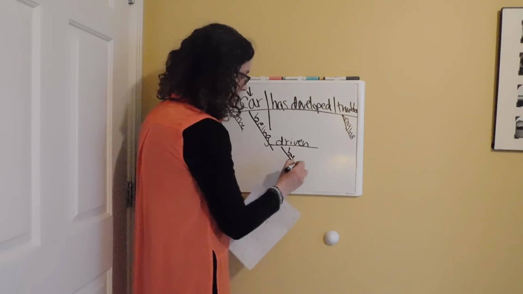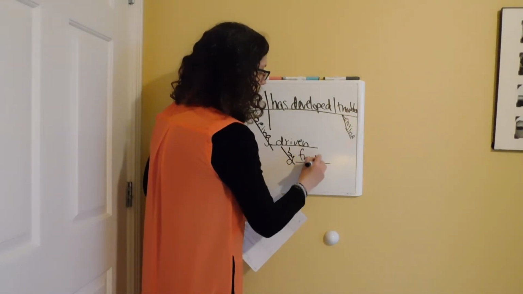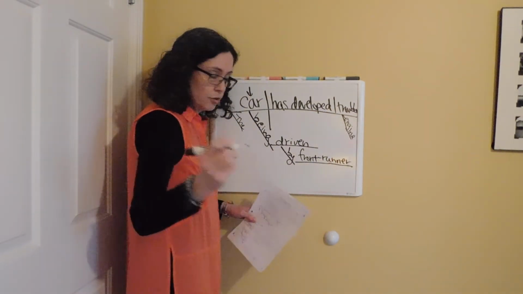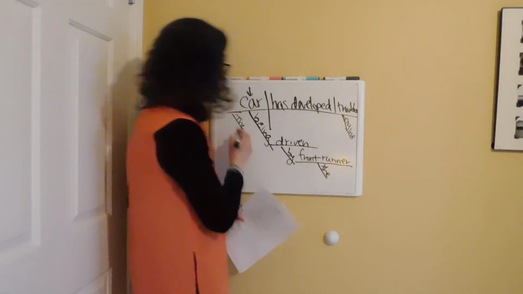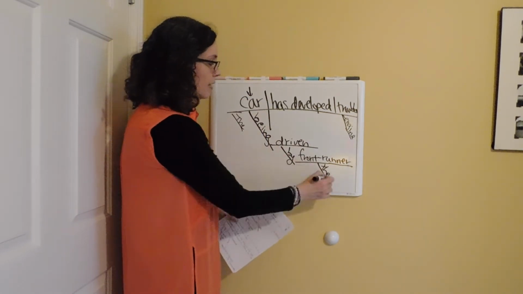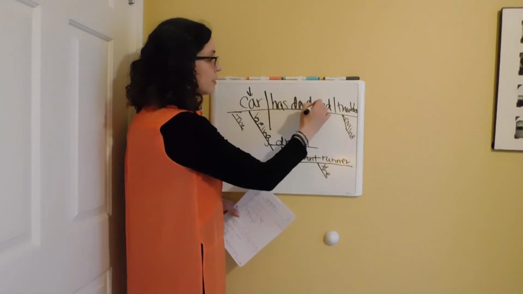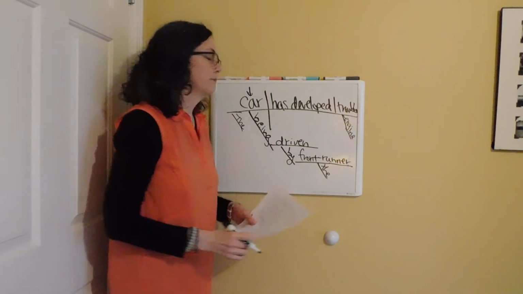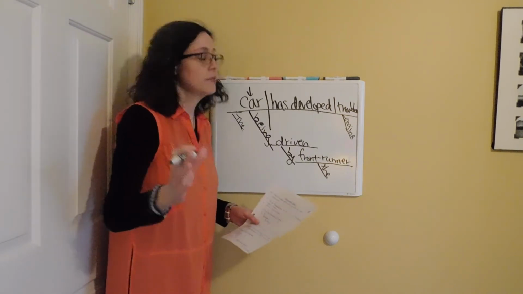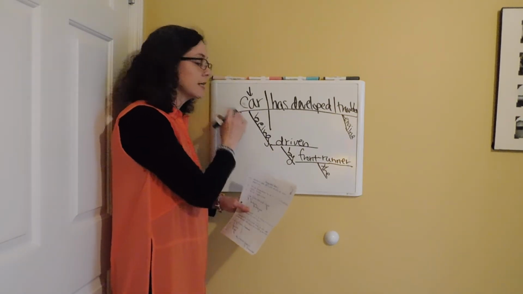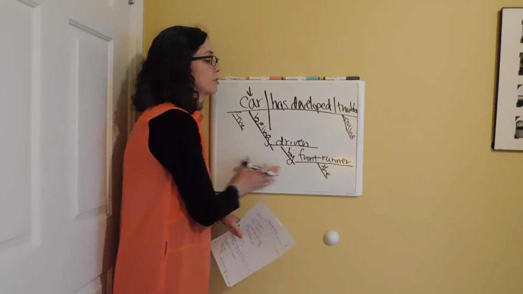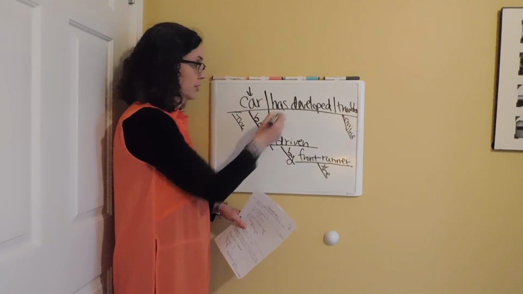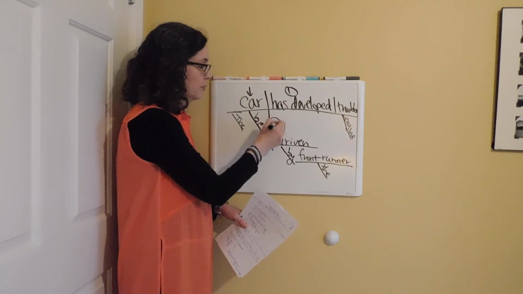By, front runner, that's hyphenated, front runner, so that's all in one line. And then the determiner, the. The car being driven by the front runner has developed engine trouble. Alright, so remember, in these kinds of sentences, there's going to be a single subject, and the past participle is just going to drop off of it, because this is the word that it belongs to. It's like you have two verbs, verb 1 and verb 2.